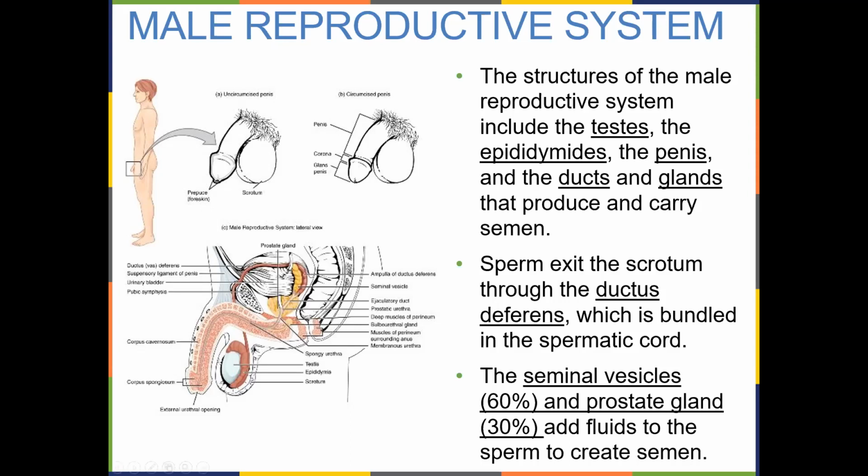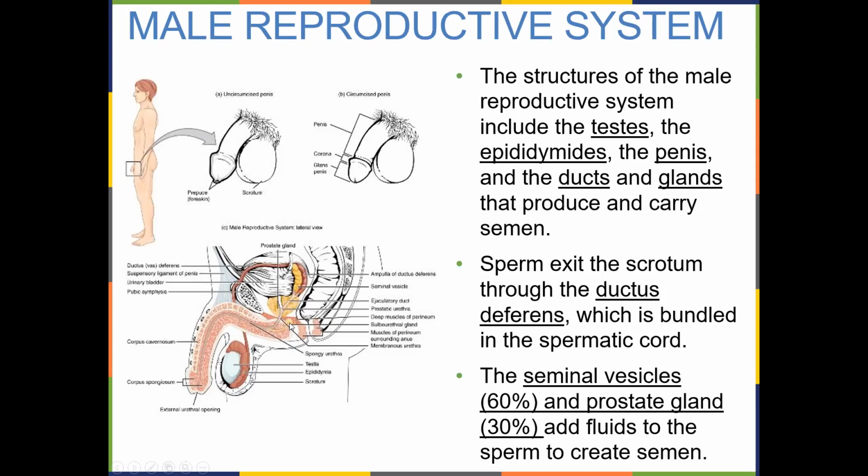And so we can see here the testes down here inside the scrotum. The epididymis surrounds the testes. That is the vas deferens going up here, combining with the seminal vesicle behind the bladder, and then the semen and the sperm move through the ejaculatory duct through the prostate gland to the urethra.